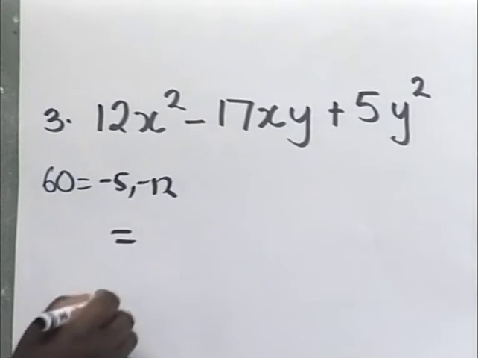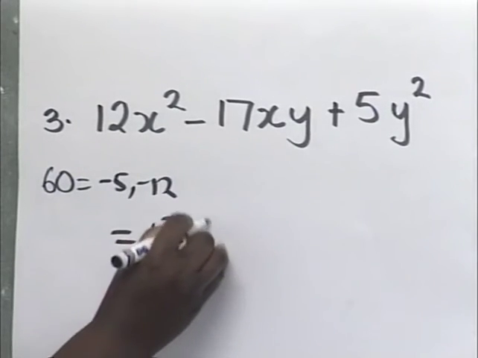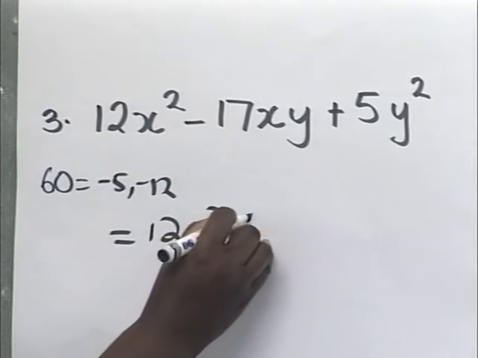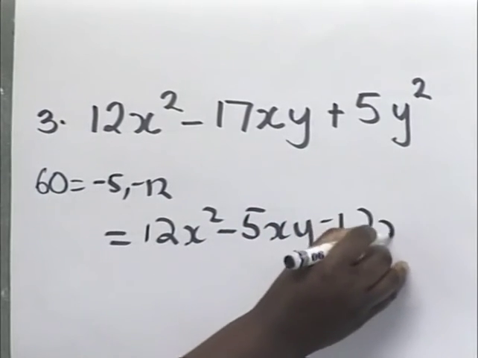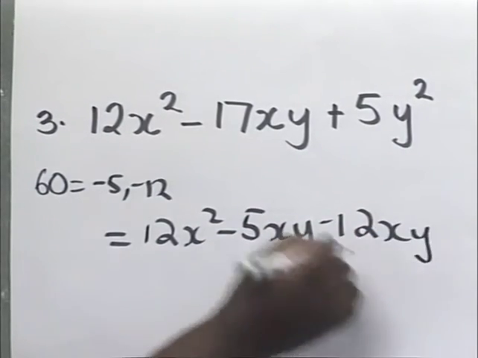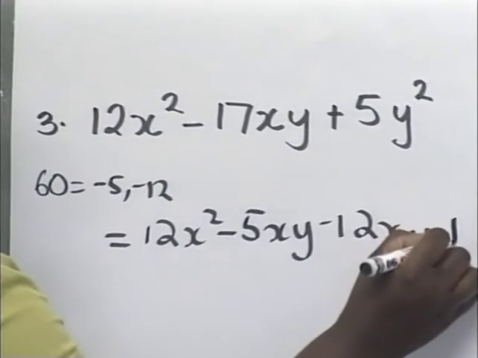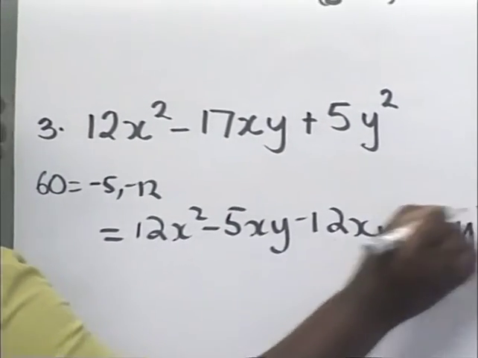So this is equal to 12x squared minus 5xy minus 12xy, because you have xy, and then plus 5y squared.